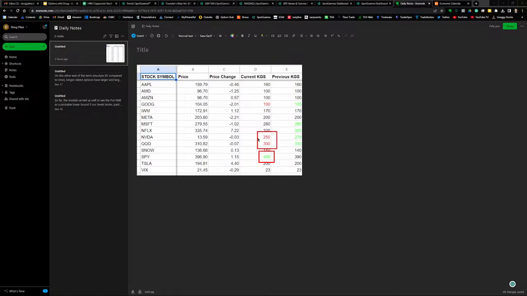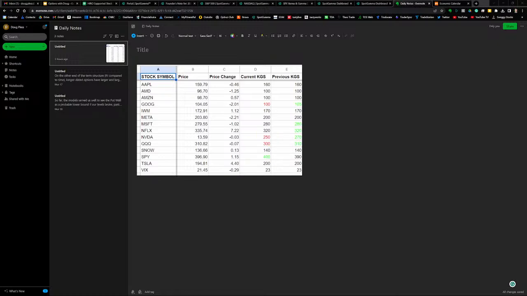But when tech is weak, it's hard for the S&P. These stocks play such a big role in the S&P 500. It's hard for the S&P 500 to rally with all the tech stocks being lower. But anyway, my main thesis was looking for bearish setups in NVIDIA, QQQ, and the other one was Meta.